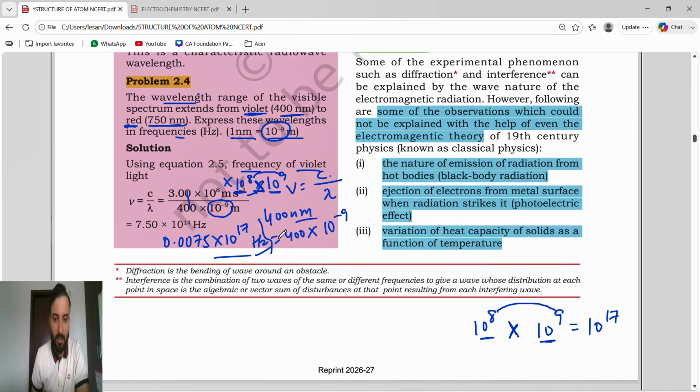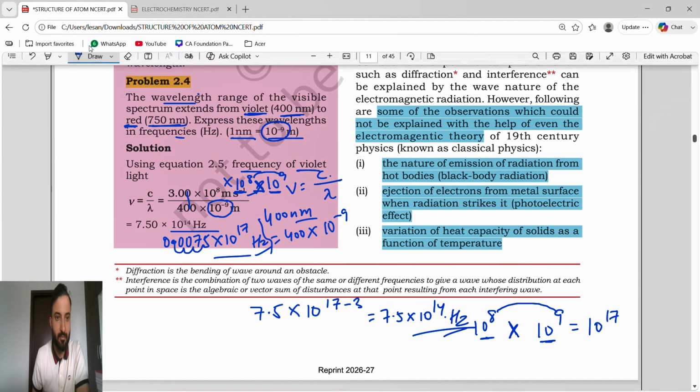If you want to write this much, that is also correct, but if you want scientific notation, then the decimal moves this side, 1 2 3, so it will become 7.5 into 10 to the power of, since we are moving to the right side it means minus, 17 minus 3 digits, so 7.5 into 10 to the power of 14 hertz. See the answer. Khatam.